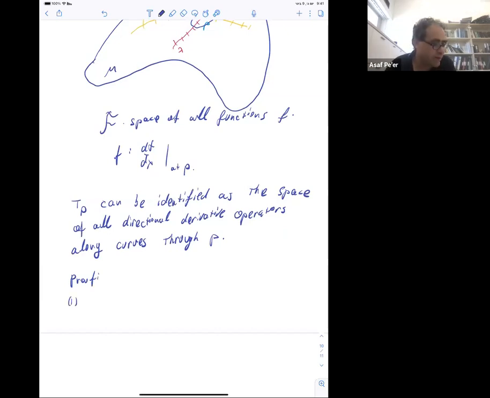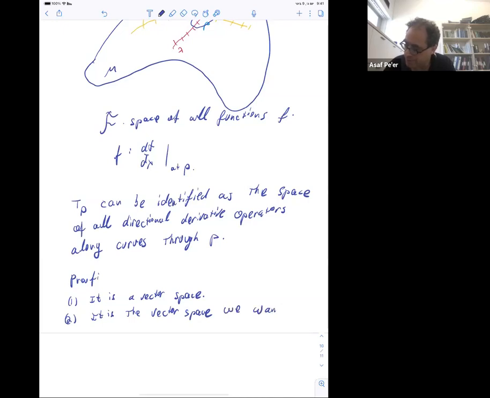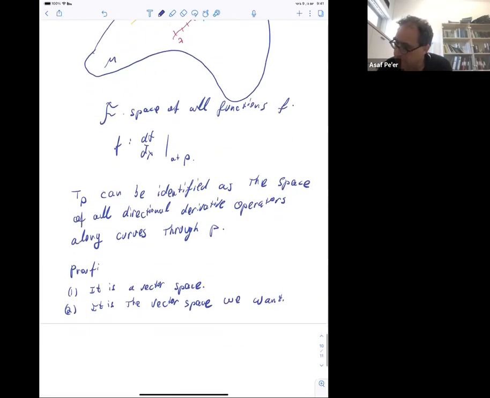One, it is a vector space, and two, it is the vector space we want, which means it has the same dimensionality as M. So what do I mean by that? How do I know that it is a vector space?